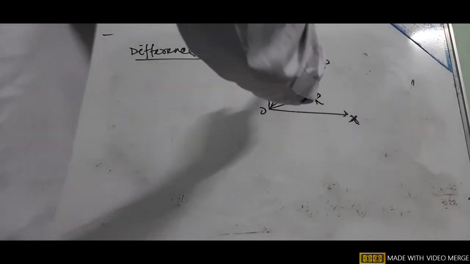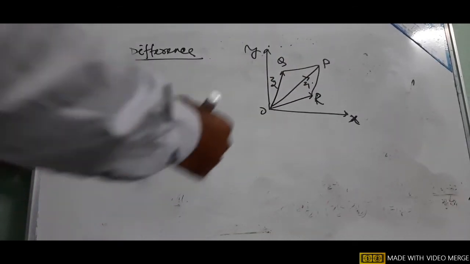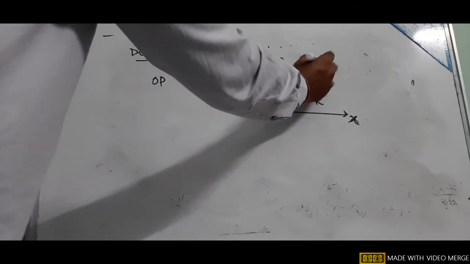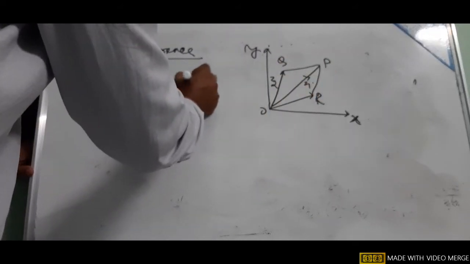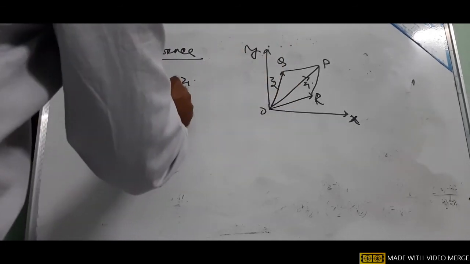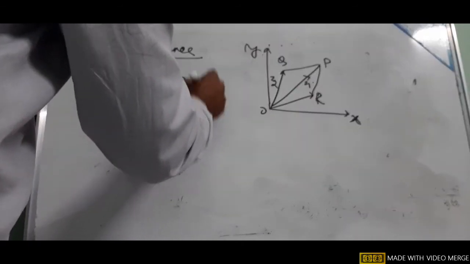So in this parallelogram, OP is represented by this length, it is your z1 complex number. Then we have OQ, it is z2 complex number.